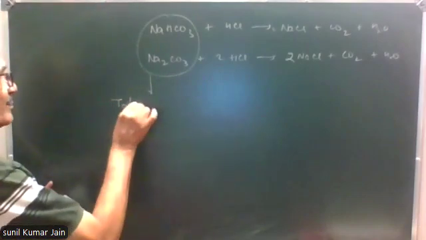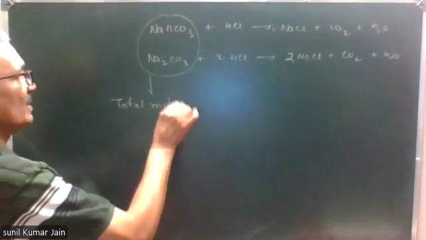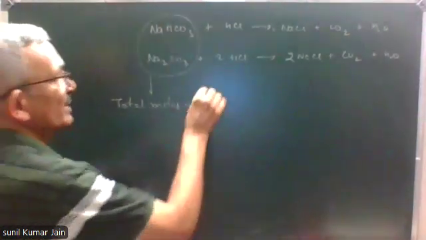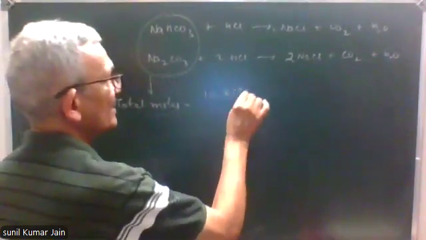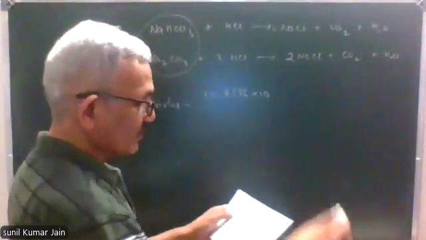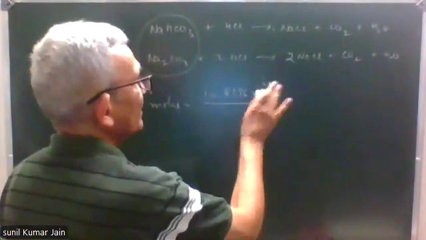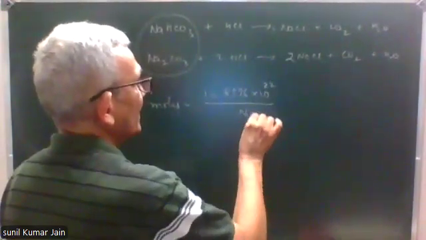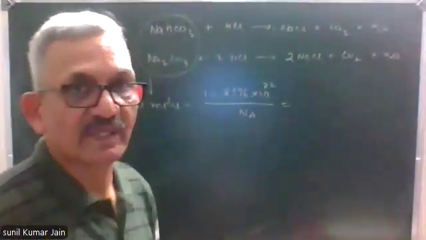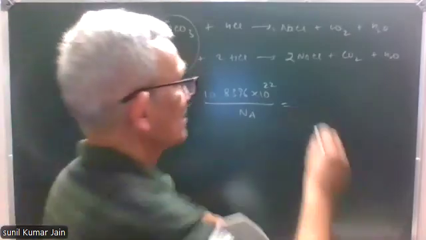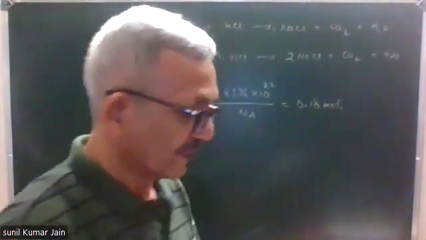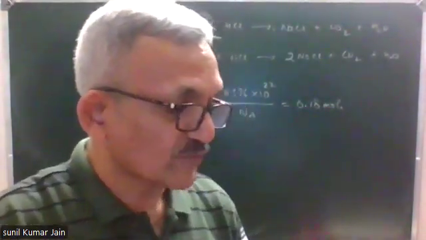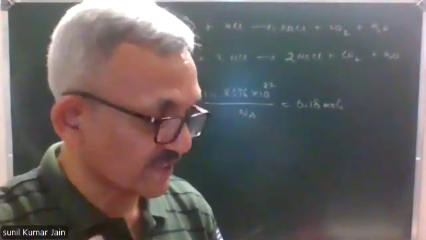So total moles of these two is 10.8396 into 10 to the power 22 divided by Avogadro's number, right? This will come out to 0.18 mole. It reacts with dilute HCl according to these equations.